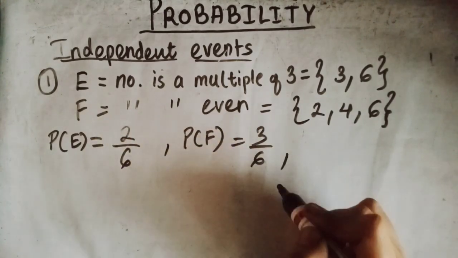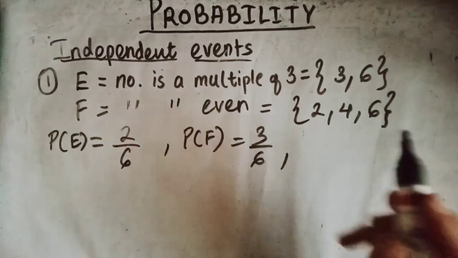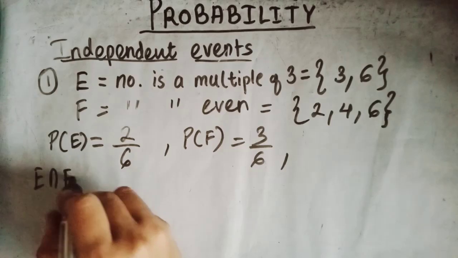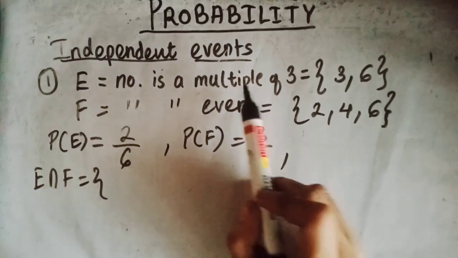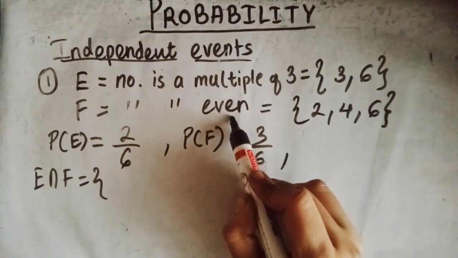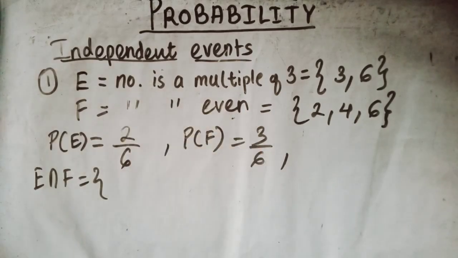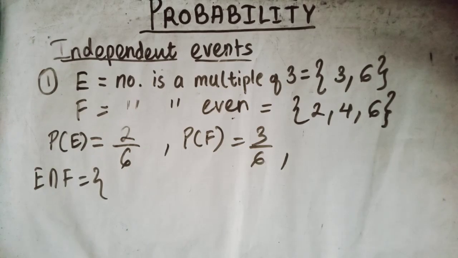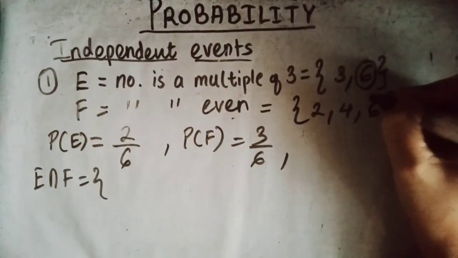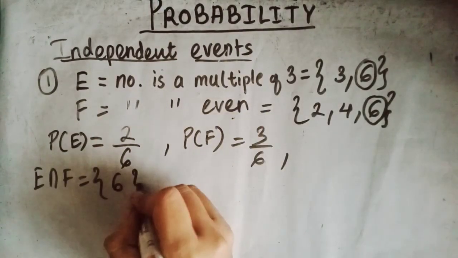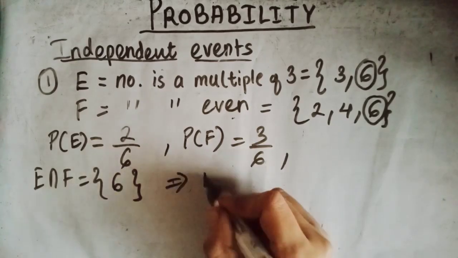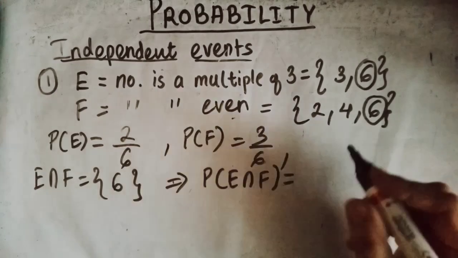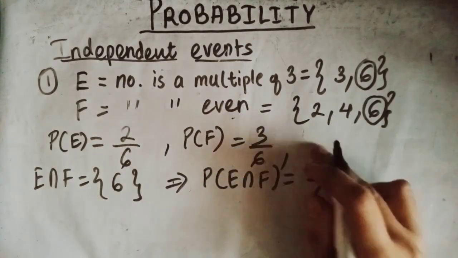And we need P of E intersection F. So the E intersection F event will be what? It has to be a multiple of 3 and it has to be an even number. You can see here it is 6. So the probability of this is 1 by 6.